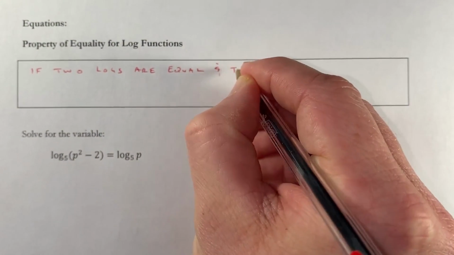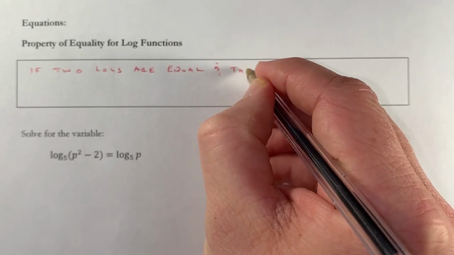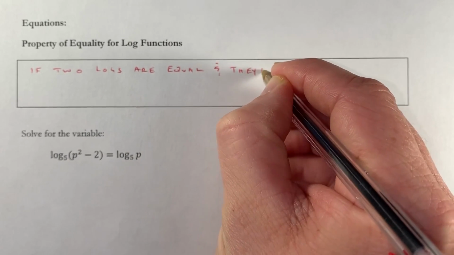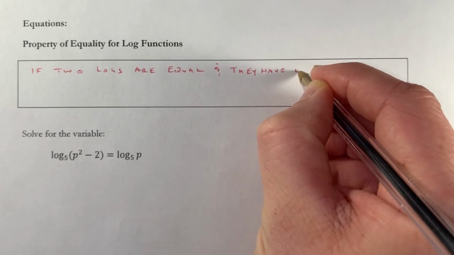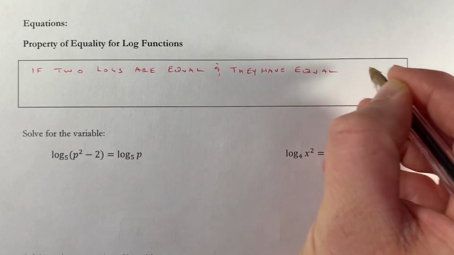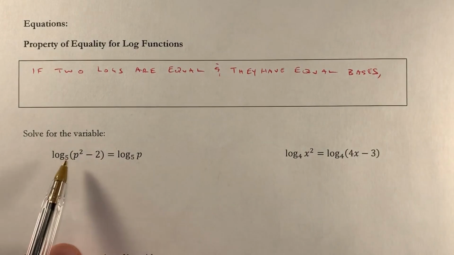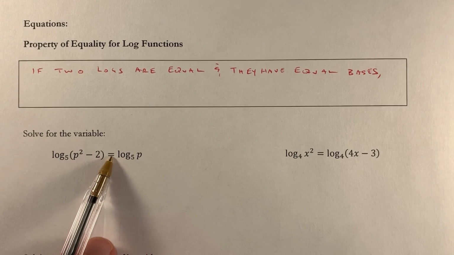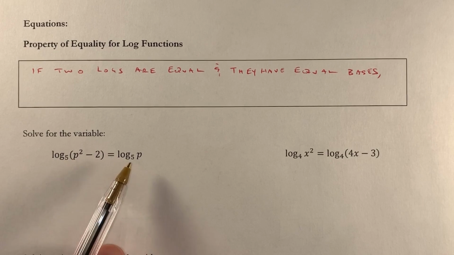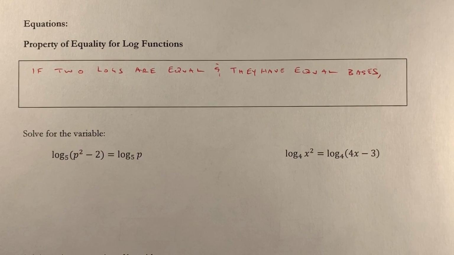And they have equal bases. Okay, so these two, first of all, have an equal sign, so they are set equal, and they have equal bases. Both of them have a base 5.